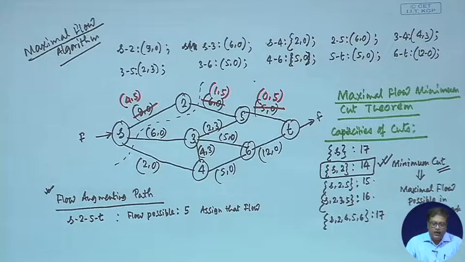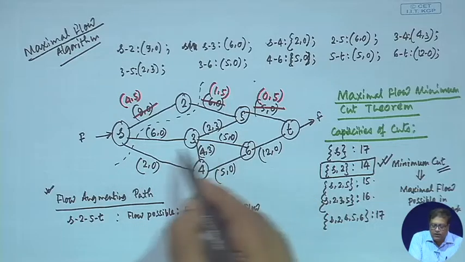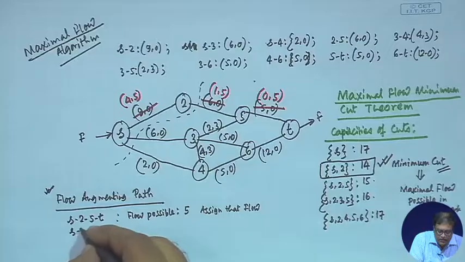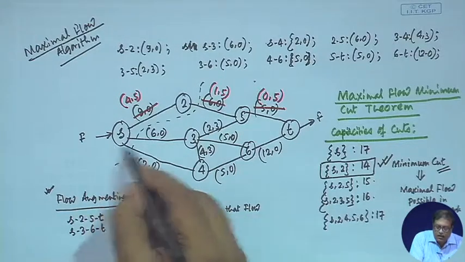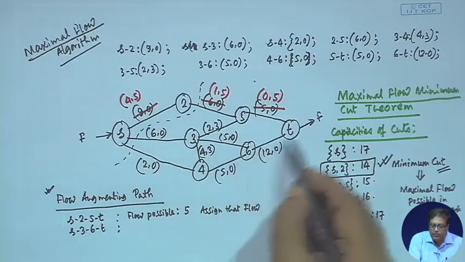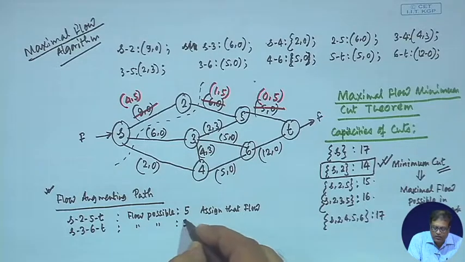Now, find another flow augmenting path. So, can you see that we can have S3 6T? How much flow is possible through this? Look here 6 0, 5 0, 12 0. So, another flow of 5 is possible.